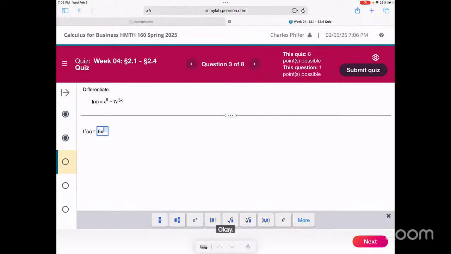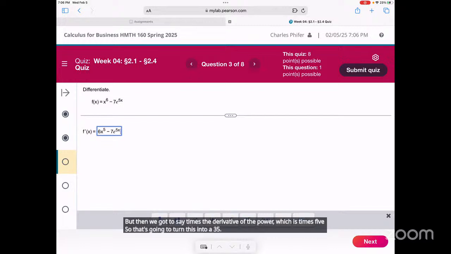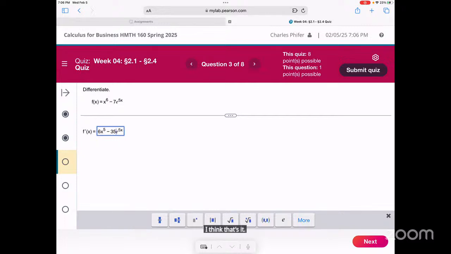The derivative of e is itself, so I'm going to say minus 7e to the power of 5x. But then we got to say times the derivative of the power, which is times 5. So that's going to turn this into a 35. I think that's it. Yeah, I don't see anything else. So I'm going to let that be. Maybe we at least got halfway through it.